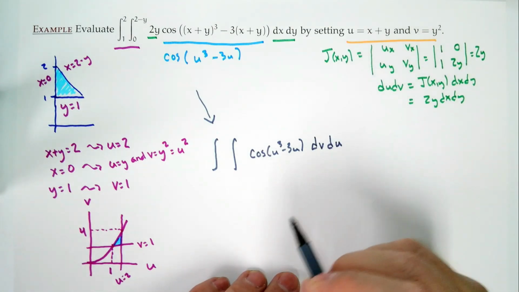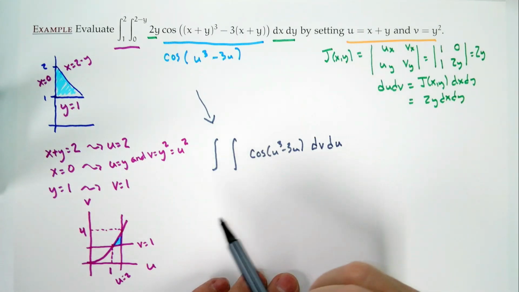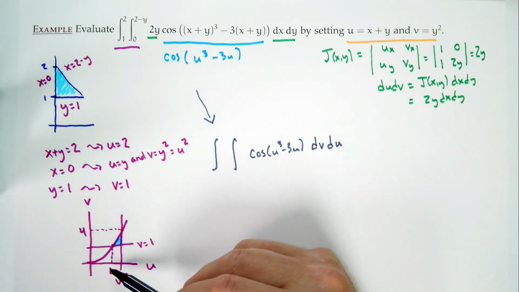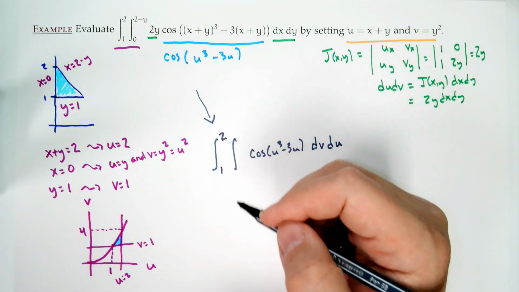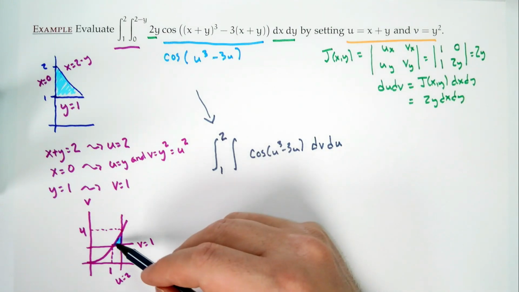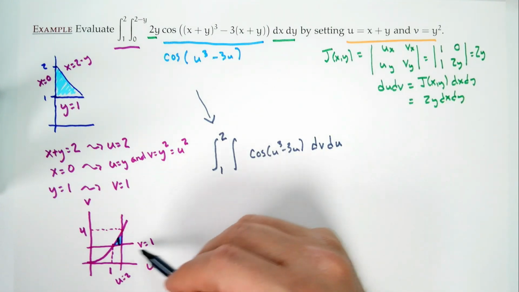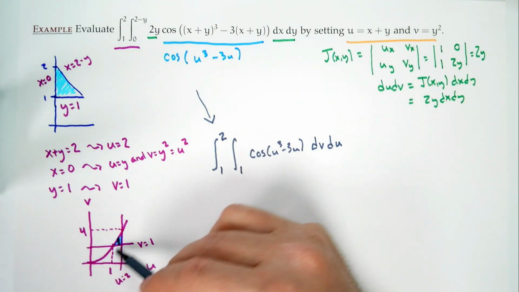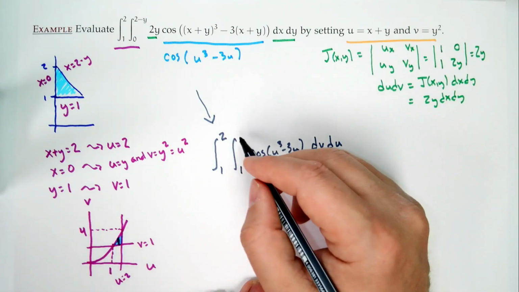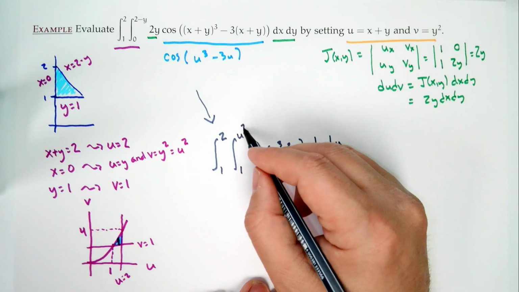So let's figure out what's happening. Well, what can we say about u? U goes between 1 and 2. So 1 to 2. Where does v go from? Well, v goes from the bottom curve, which is v equals 1, to the top curve, which is v equals u squared.